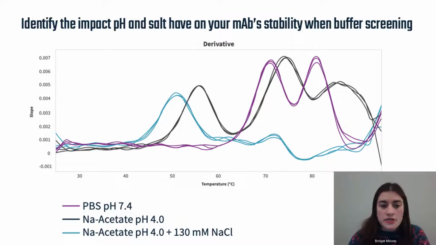When you compare this to the sodium acetate buffers at pH 4.0, we can really see how that pH change has destabilized the first unfolding, and you can see that in the shift of TM1. If you just focus on the sodium acetate buffers, we're looking at the effect of adding even more salt. With the additional salt, you see another destabilizing effect.